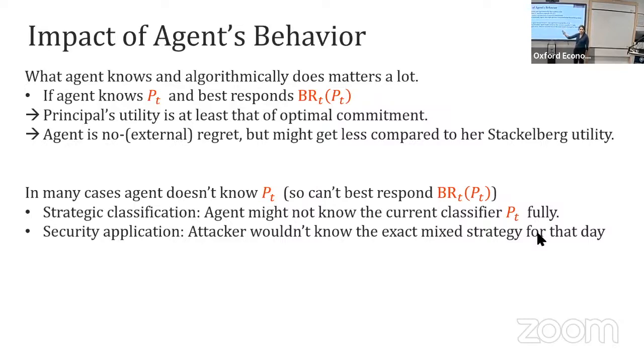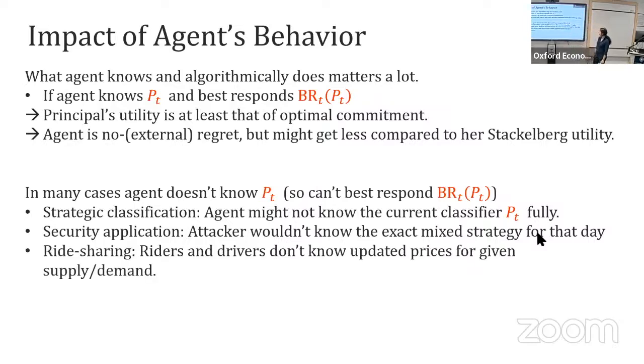There was Karina's talk, I thought it was very interesting because the same thing, the fact that algorithms are so personalized, you do not understand exactly what that classifier is fully representing, but you might understand very little about it. For security applications, the attacker wouldn't exactly know what the mixed strategy is. And for ride sharing, the people don't really know supply and demand.